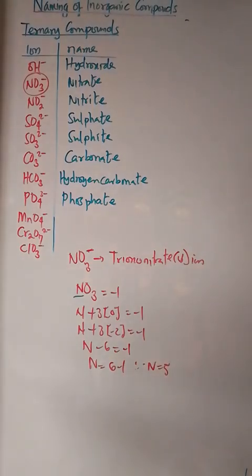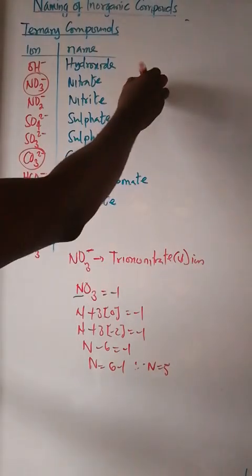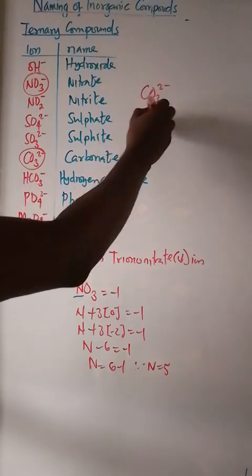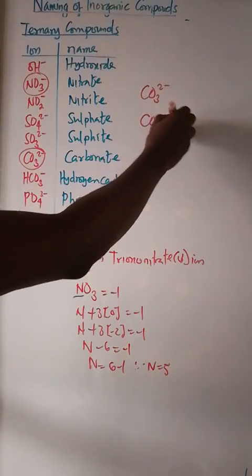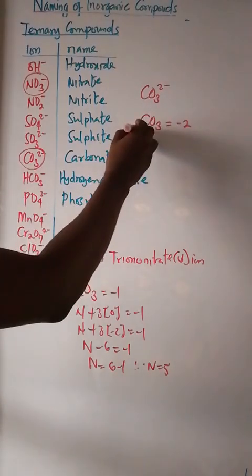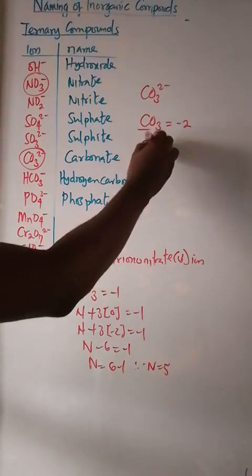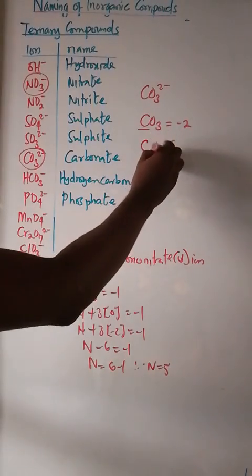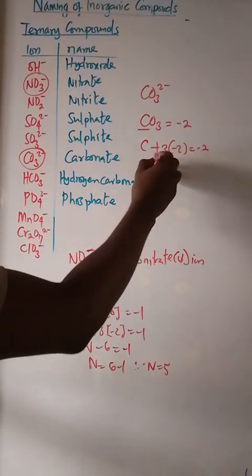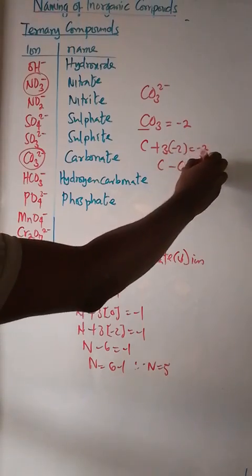So let me do one more. Let's do this. We have CO3, 2 minus. So for CO3, the state is -2. So we are looking for the state of carbon. Carbon plus 3 times -2 equals -2. So C minus 6 equals -2.